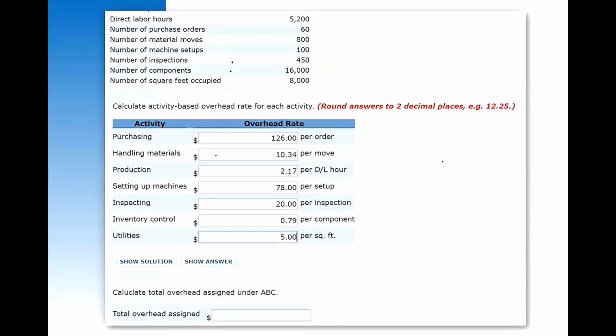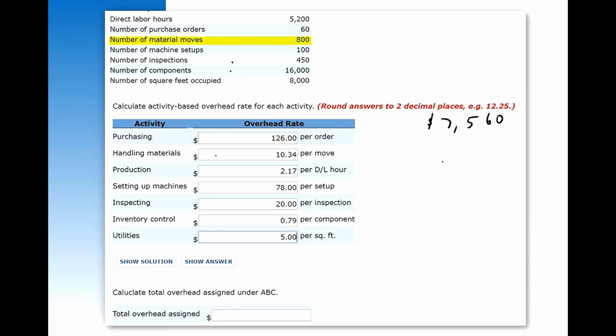The next part of this problem asks us to calculate the total overhead assigned under ABC. This would be for the job estimate to prepare 250 stairways. So it's estimated, for example, that the number of purchase orders for this job would be 60 purchase orders. So we take the number of purchase orders of 60 times the rate that we calculated previously of $126 per purchase order, and that would give us 7,560.